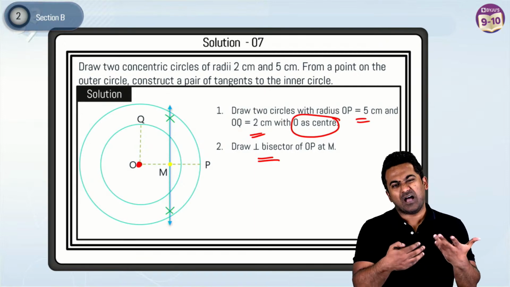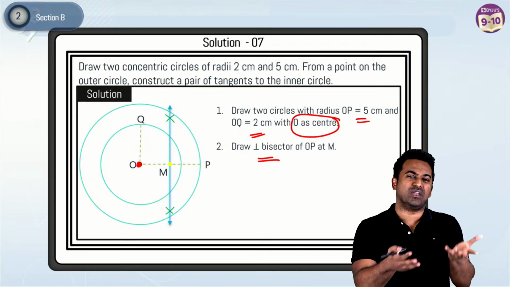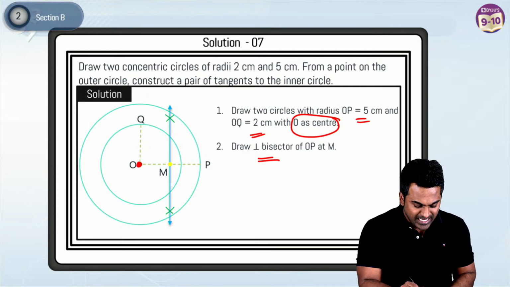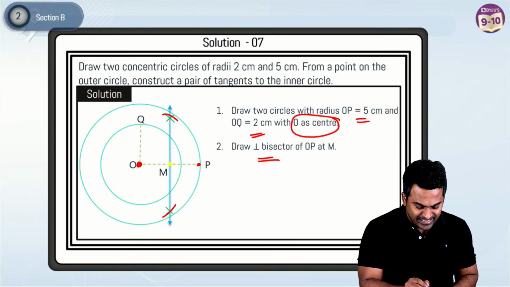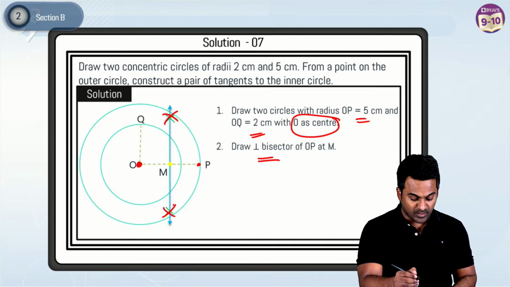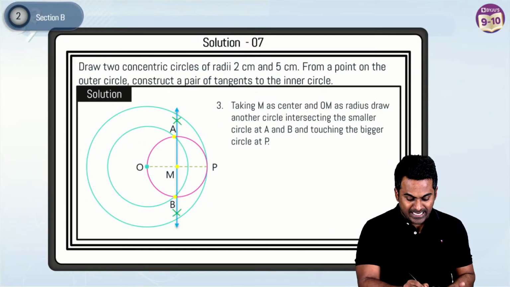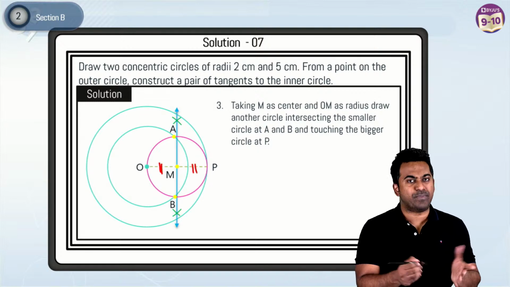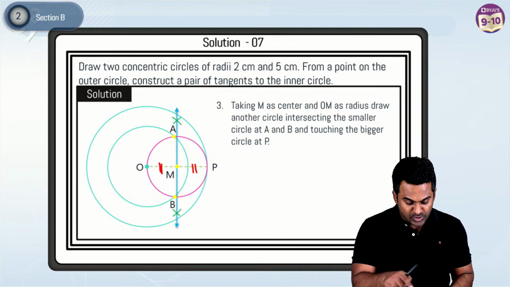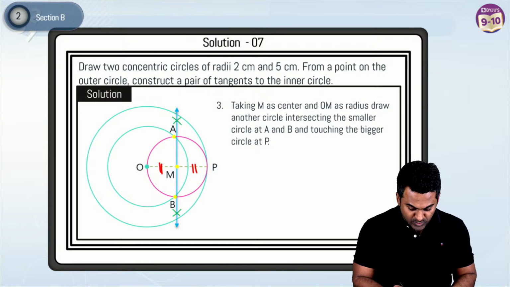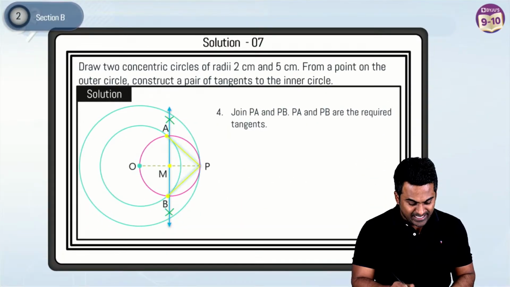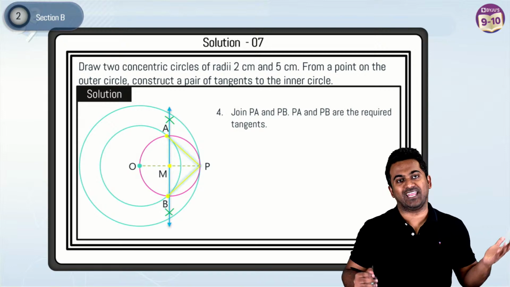Okay, so more than half of 4, you can take it as 3 centimeters, 4 centimeters, whichever. Keep the pointy edge of the compass on P, draw an arc on both the sides, and then keep the pointy edge on O, cut these arcs, and then you will have the perpendicular bisector, which is going to cut this at M. And after that, taking M as the center and either OM as the radius or even MP as the radius, because both are equal eventually, draw a circle which is going to give you these 2 points, and then from this point O, connect this, and then you have it.